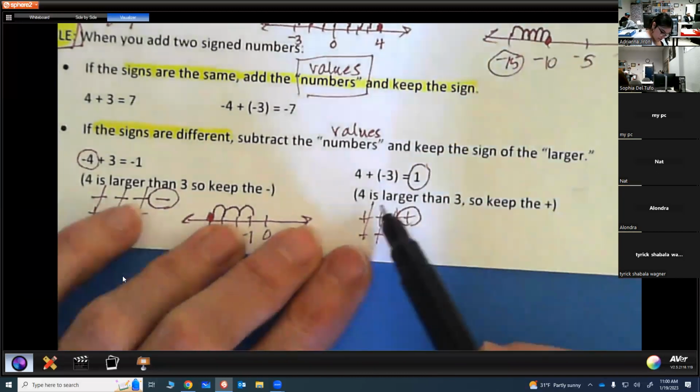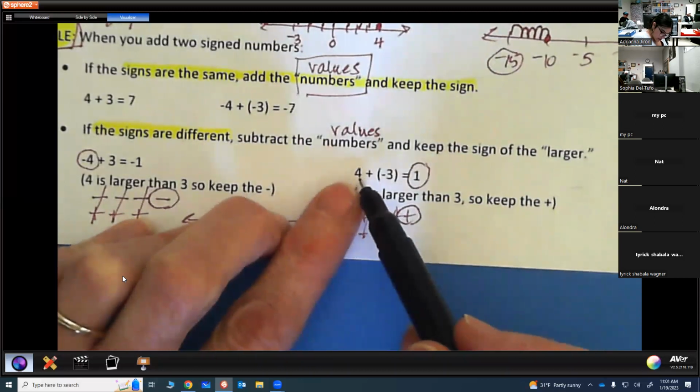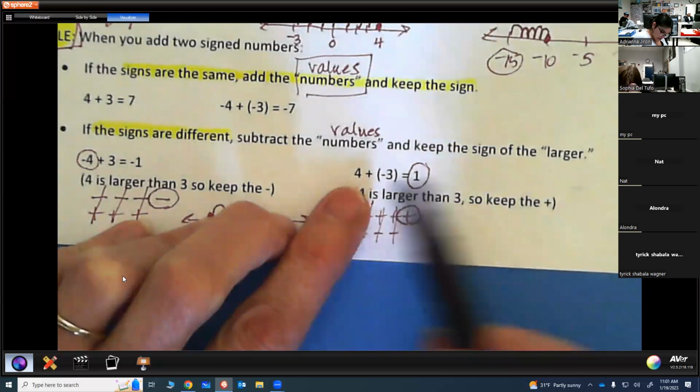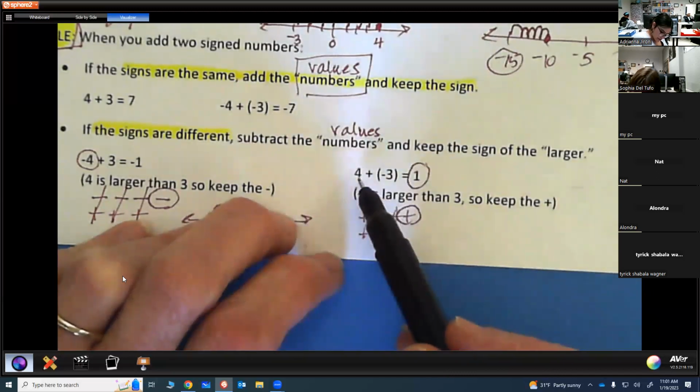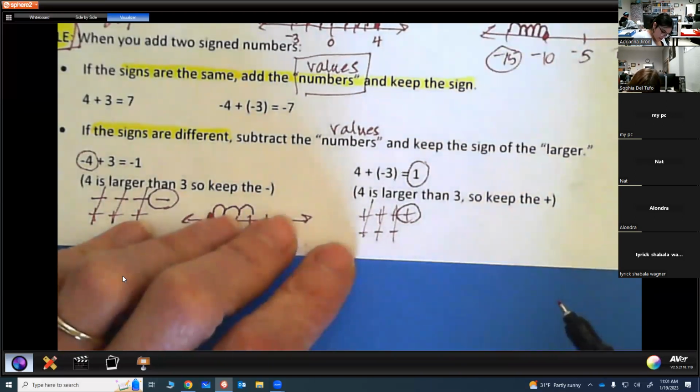That makes sense by the rule because 4 minus 3 is 1, and I keep the sign of the larger, and the 4 is larger than the 3, and the 4 is positive. So my answer is positive.